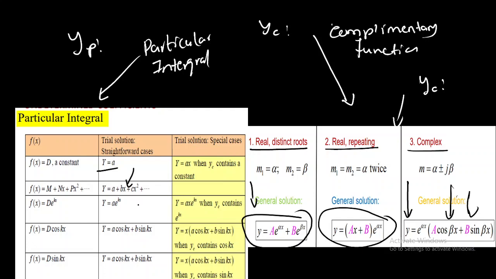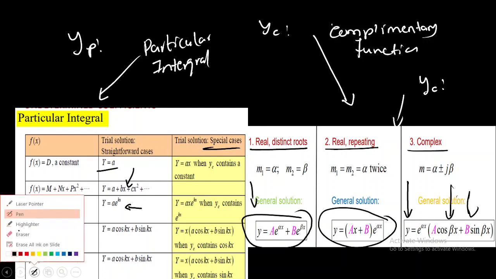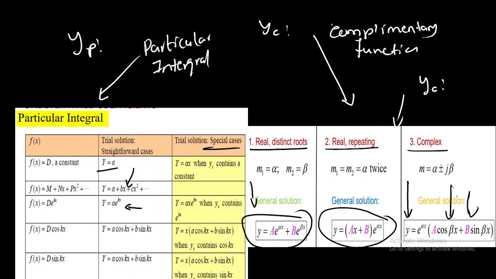If it is an exponential function, this will be your straightforward case, and so on. For your special case, you just multiply the straightforward case by the independent variable. Without wasting more time, let's dive into the memo of semester test 2 that we actually wrote.